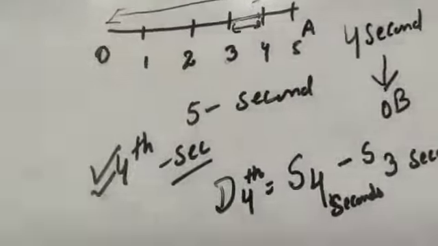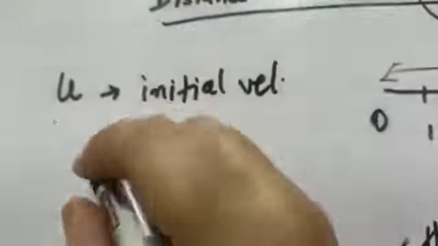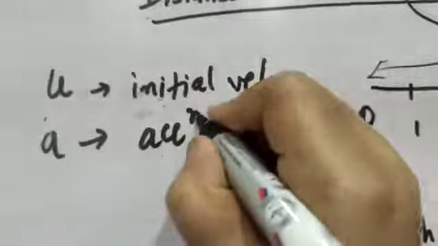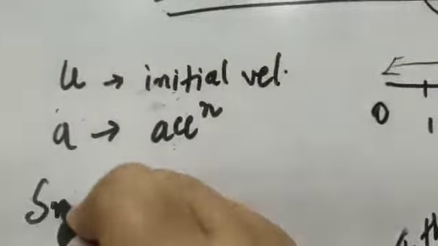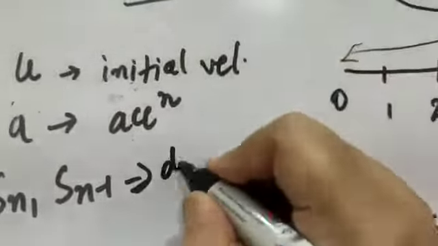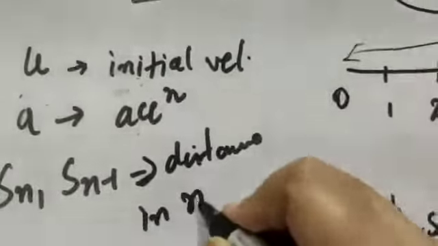It means the 4th second distance traveled. Now coming to the main topic, let us consider u is the initial velocity of a body and a is the acceleration of the object, and Sn and Sn minus 1 are the distances in n seconds.